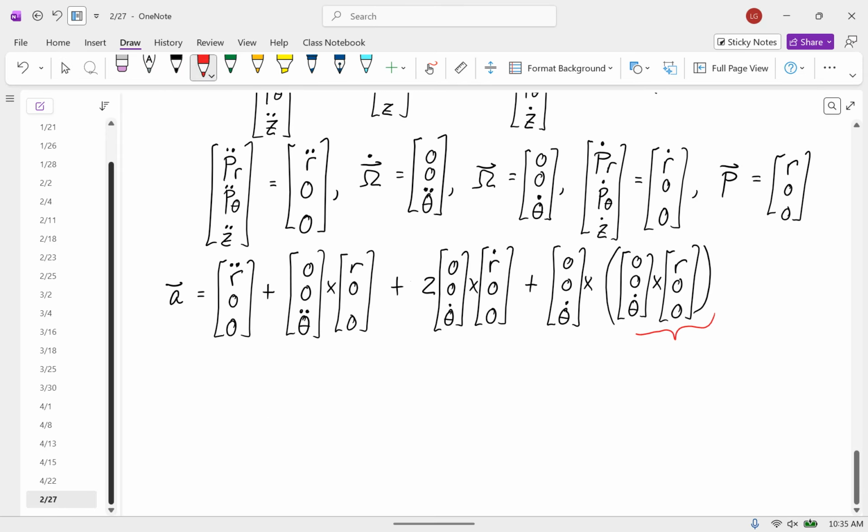Okay, so we'll do this piece by piece. So these two crossed together are a double negative R theta dot in the y component. So this is 0, R theta dot, 0.